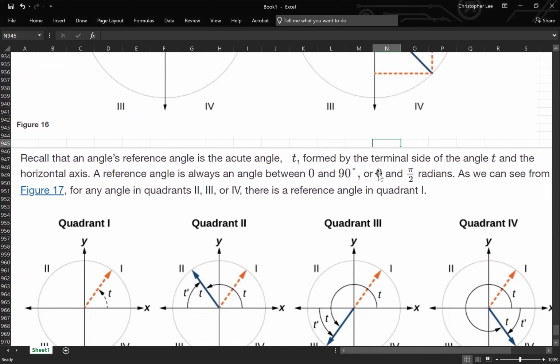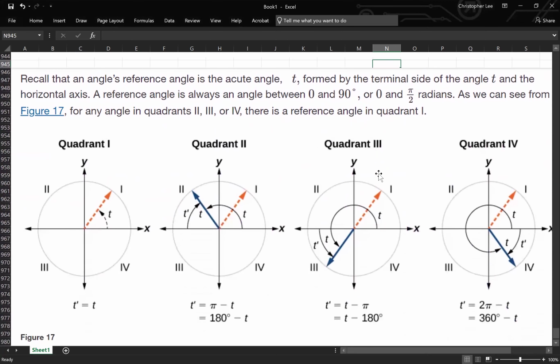Okay, so recall that an angle's reference angle is the acute angle formed by the terminal side of the angle t and the horizontal axis, horizontal like this, flat. So a reference angle is always an angle between 0 and 90 degrees, or 0 and pi over 2 radians.